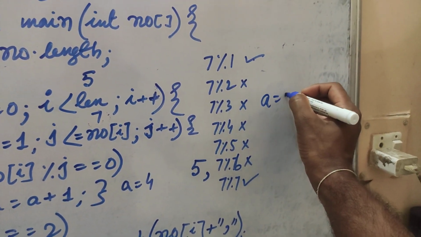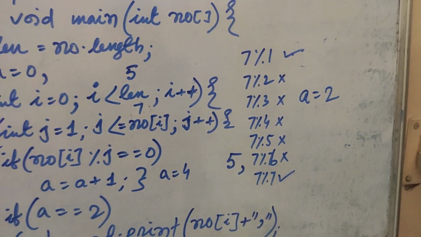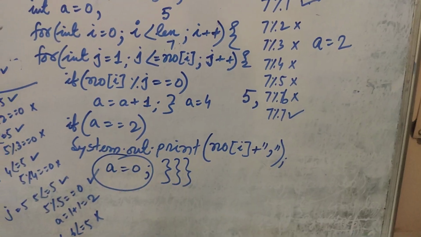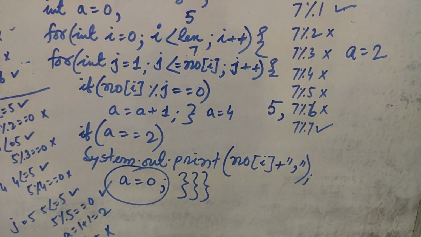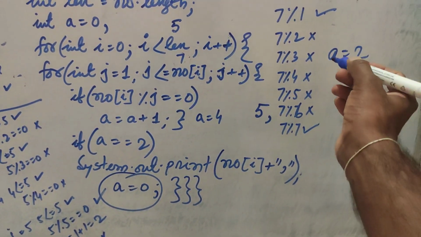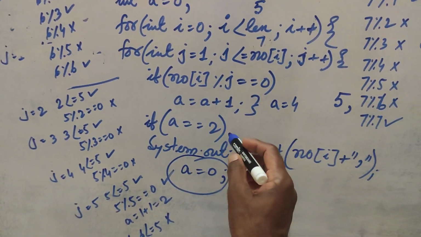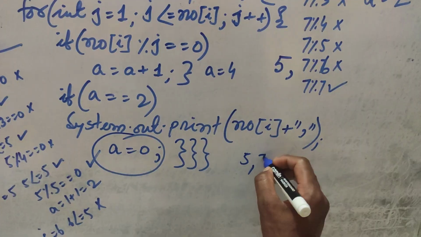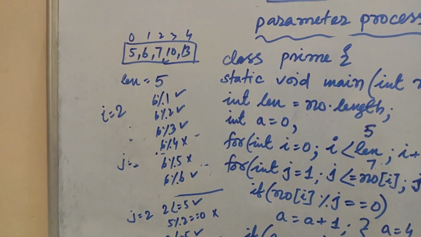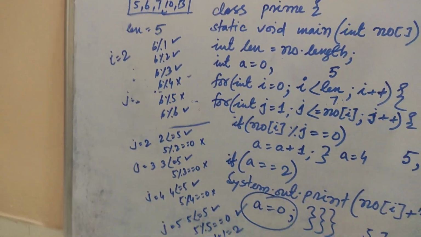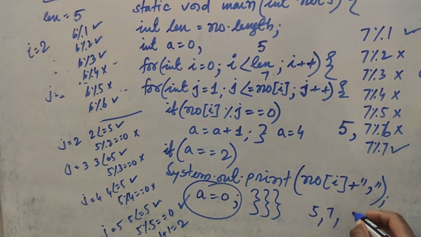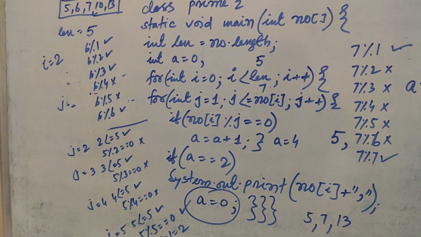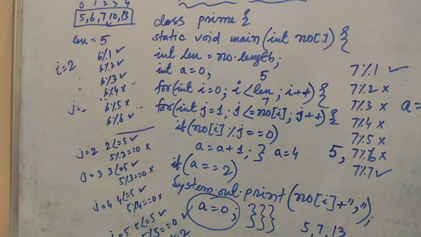So the value of a will be 2. Clear? Yes. Then the computer first displayed 5, then 7. Like that, 10 the computer will not display, 13 the computer will display. Okay, 5, 7, 13. So this is the program of simple assignment statements.